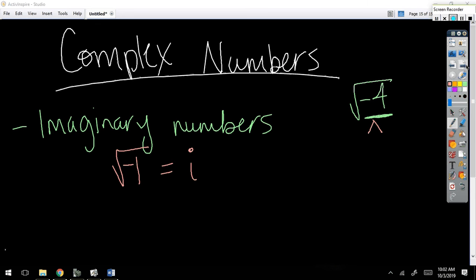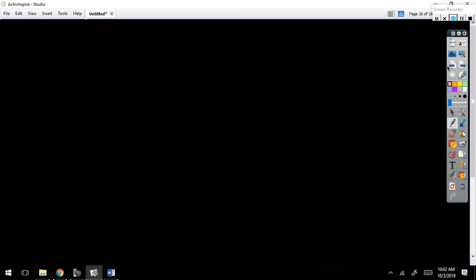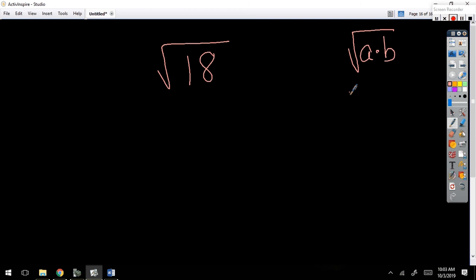Let me digress just a second, let me sidetrack here, and then I'll go back to that. If you have a radical, let's say I have the square root of 18. Radicals have this special property that if you multiply under the radical, you can split them up separately.